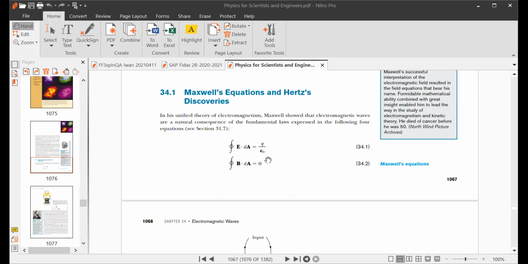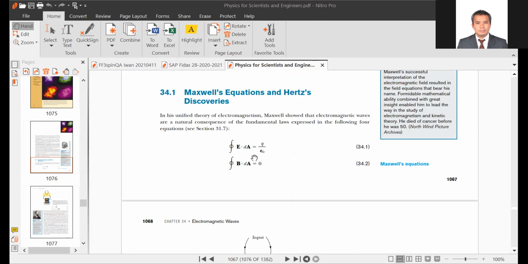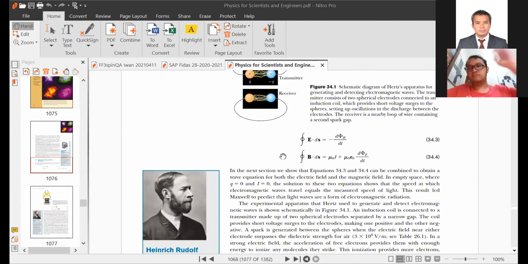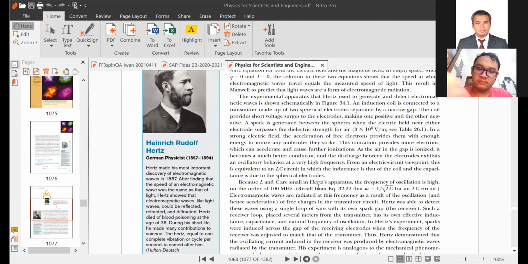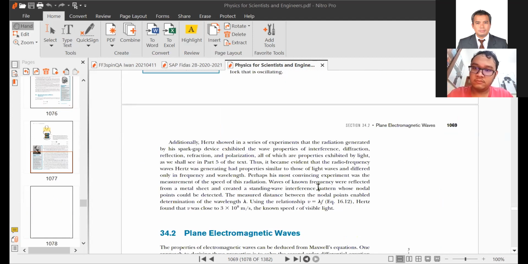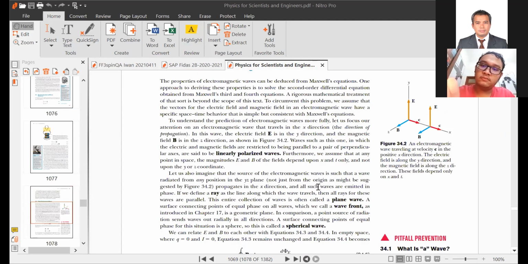There is no source, it means this Q here equal to 0, and also this one equal to 0. This I here, there is no current source here. Okay? So this fourth equation will implies this electromagnetic wave equation.